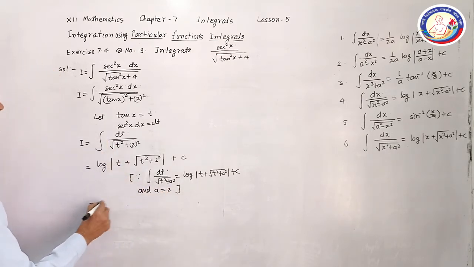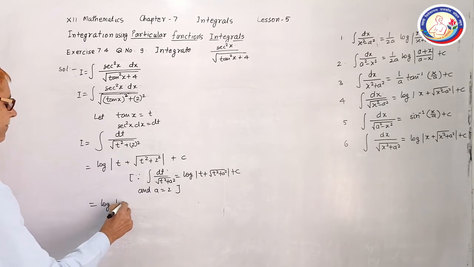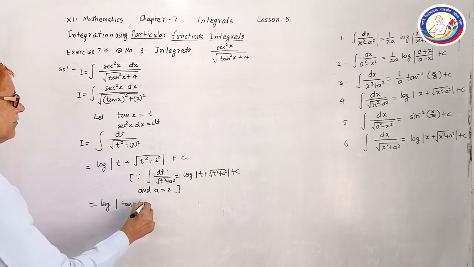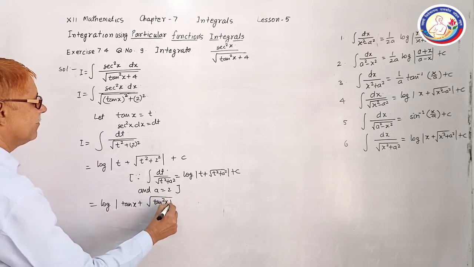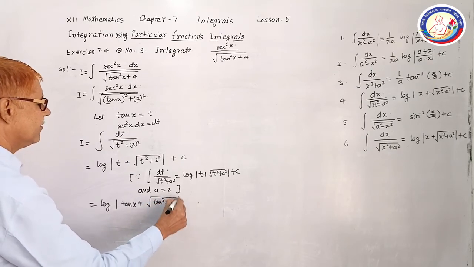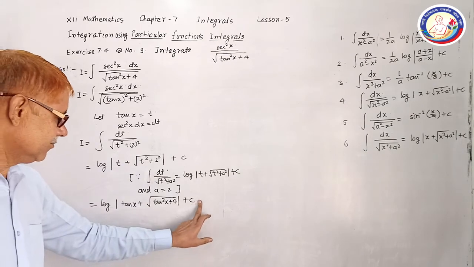So this will be log of, put the value of t here, it is tangent x plus square root of tangent square x plus square of 2 is 4, and plus c. This is the answer.